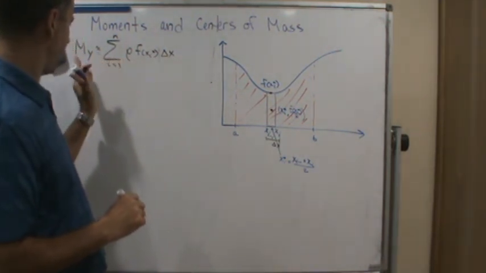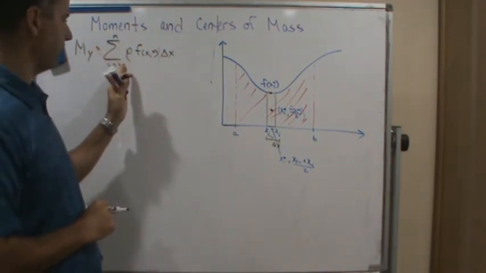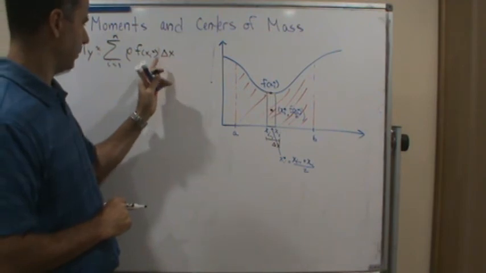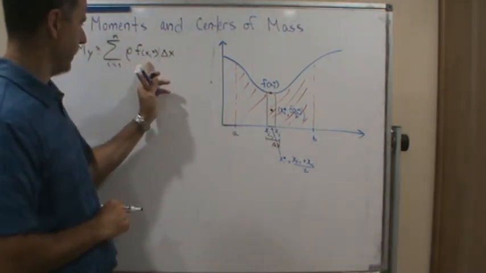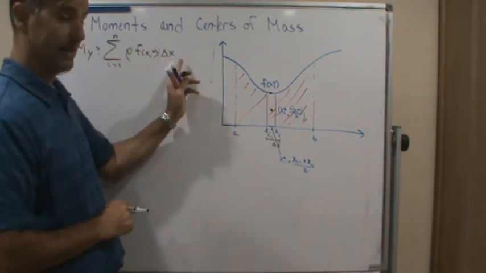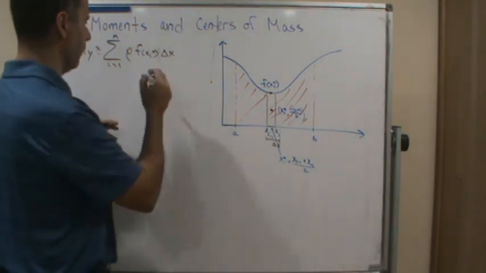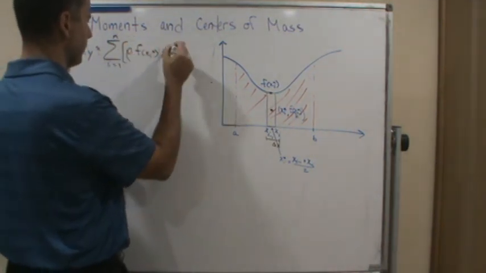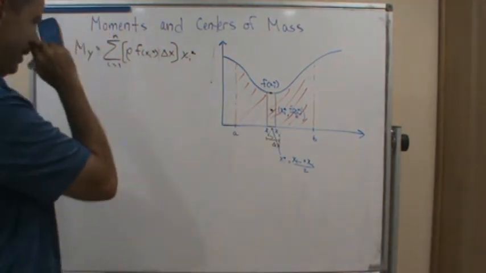But now what we're going to do is multiply by the distance. We're talking about the moment with respect to y, so we're taking the summation of all of the moments of the rectangles. For one rectangle, it's going to be the mass times distance, which now is represented by x sub i star. So we're going to take this and multiply by x sub i star.